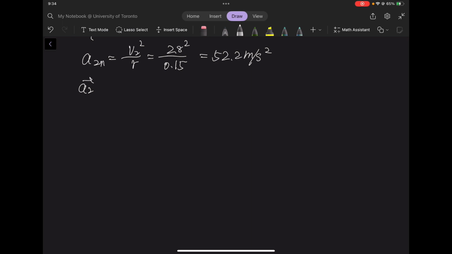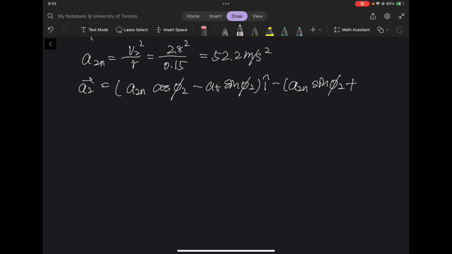Then A2 is equal to A_n cosine C2 minus A_T sine C2 I minus A_n sine C2 plus A_tangential cosine C2 J, which is equal to 49.6 I minus 16.8 J meter per second square.